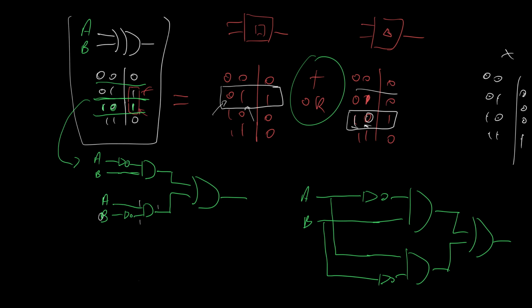And so we're halfway there. Remember, our challenge was to write an exclusive OR gate using only NAND gates. It might look like we're a long way away, but at this point, given any truth table, we can write it using only AND, OR, and NOT gates.